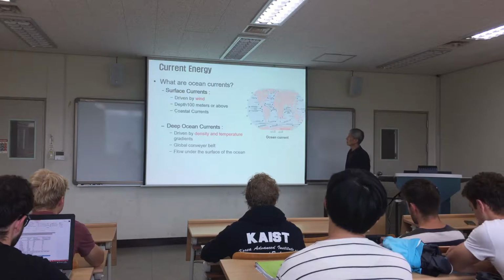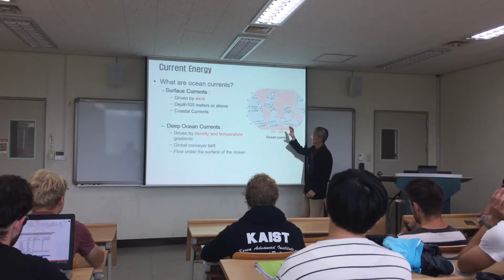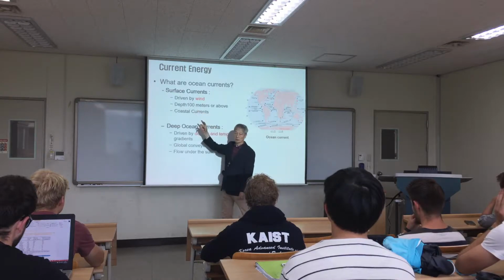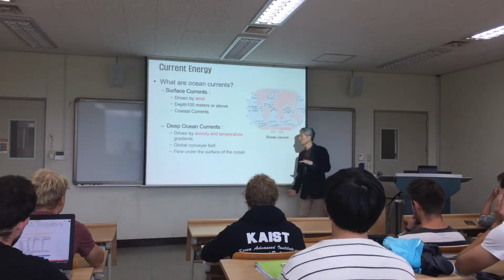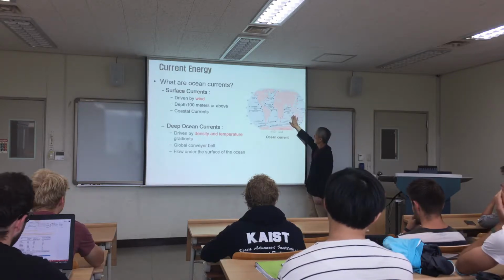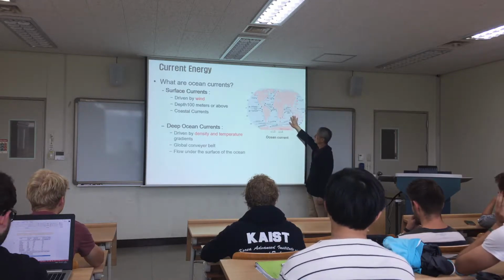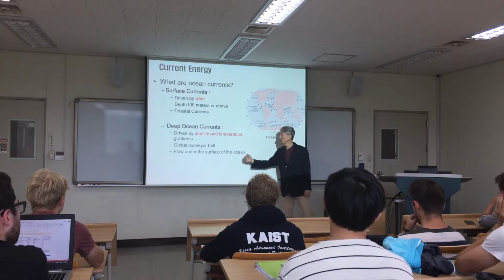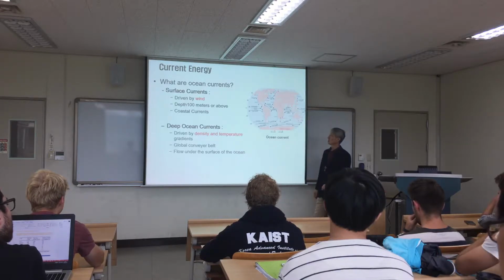So ocean current, there are two kinds. Surface current is up to 100 meters depths of water, and this shows probably the surface current map, because it's not easy to measure the deep ocean currents.